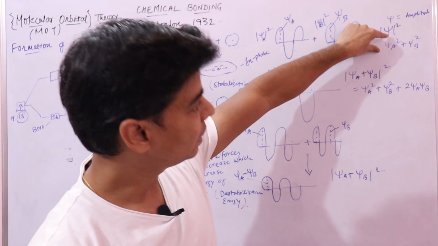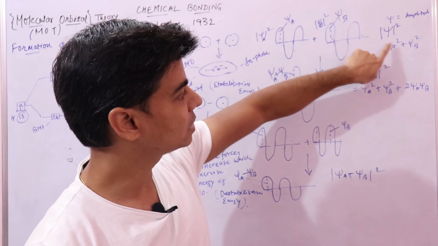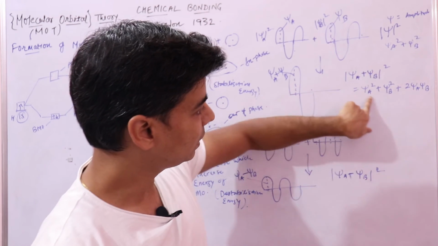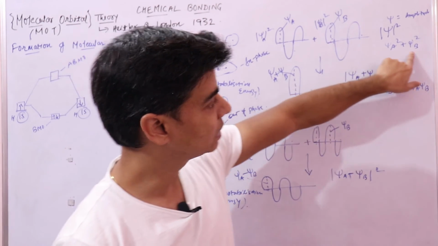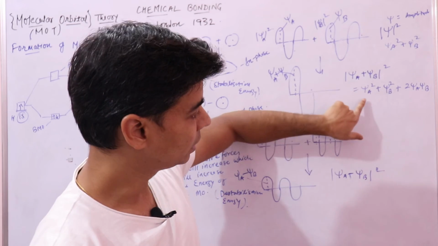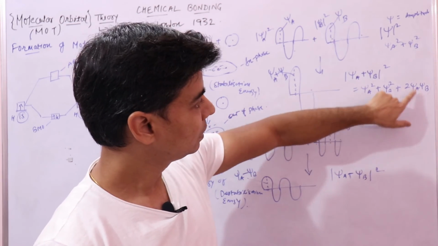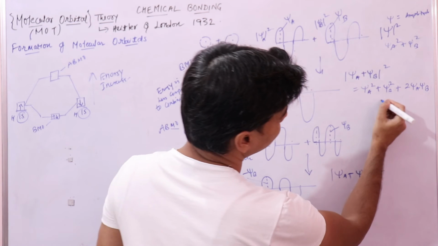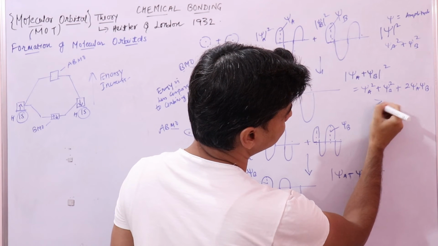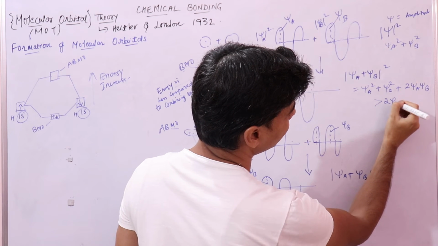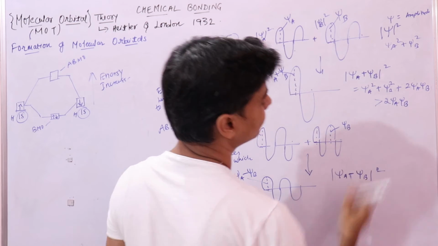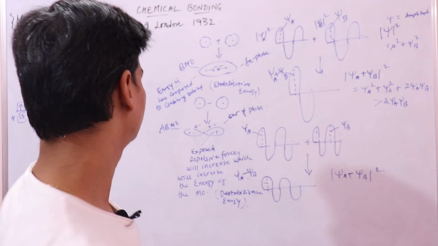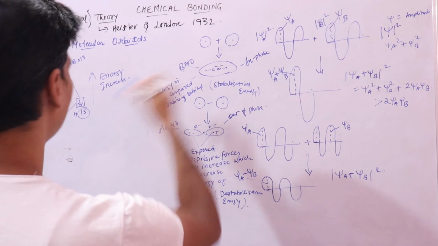Earlier the probability was psi a square plus psi b square. Now the probability is this, and this entire term is greater than this by 2 psi a psi b. So this much probability is higher of finding the electron in the bonding molecular orbital.